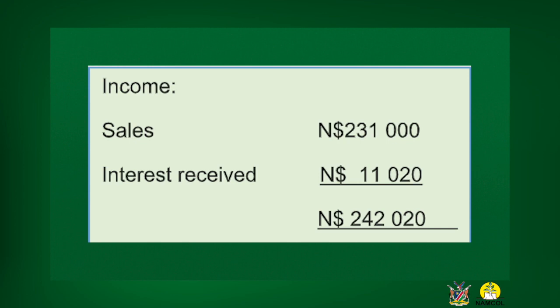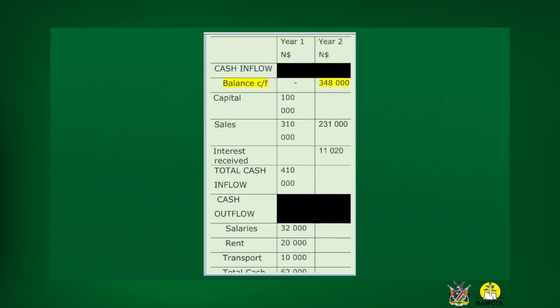It gives us a total of cash inflow of 242,020. Now, input these in your cash flow statement under year 2.